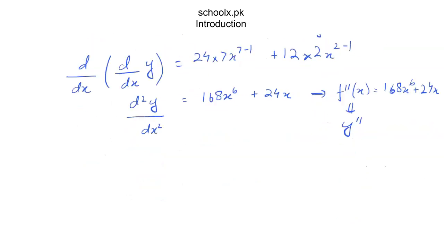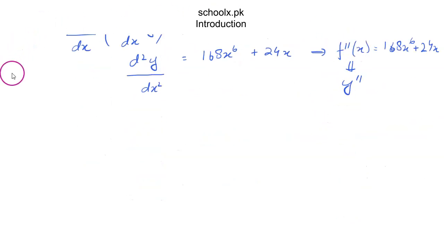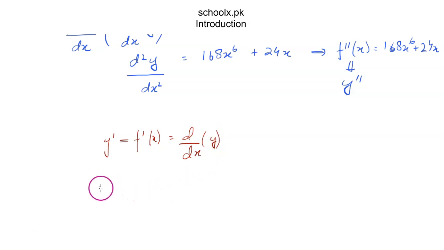So what I'm trying to say is you need to familiarize yourself with these terms. y single prime equals f prime of x, equals the derivative applied a single time, d by dx of y. y double prime equals f double prime of x, or the derivative applied twice, d square over dx square of y, right? Get it?